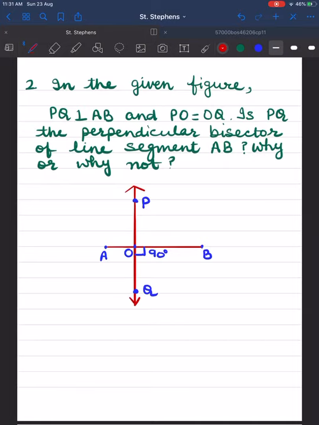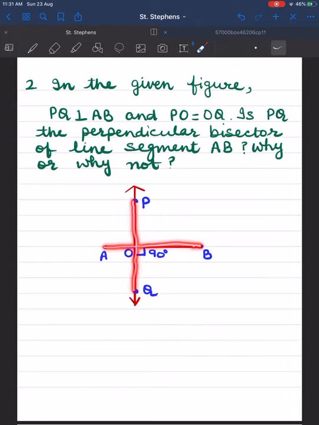Question 2. In the given figure, PQ is perpendicular to AB and PO is equal to OQ. And we have to tell whether PQ is the perpendicular bisector of the line segment AB or not. Now here PQ is a perpendicular because it intersects line segment AB at 90 degree.